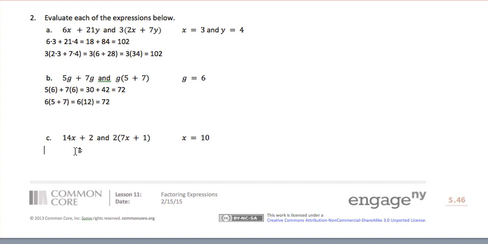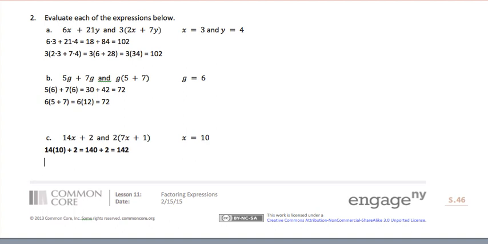And then in example C, we have 14 times 10 plus 2, which is 140 plus 2, which is 142. That's our first example.